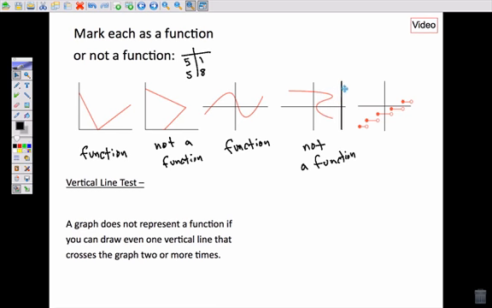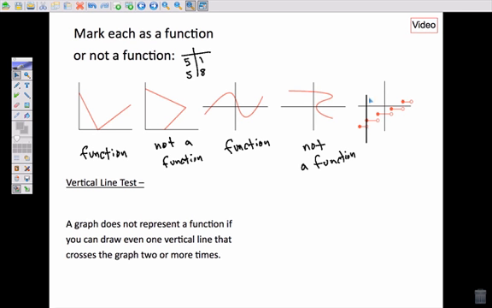This last one here is kind of tricky. The filled in dots basically mean it's included. The open dots mean it is not included. So if we're going along with our vertical line test, we're fine here. It's only intersecting once, still only once. As soon as we get to here, though, it looks like it's intersecting twice. But remember, this open circle means it does not count.